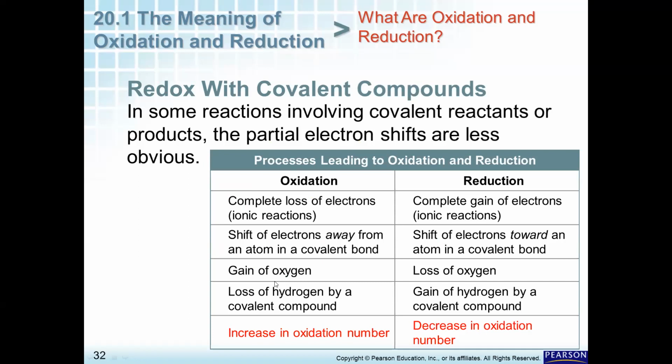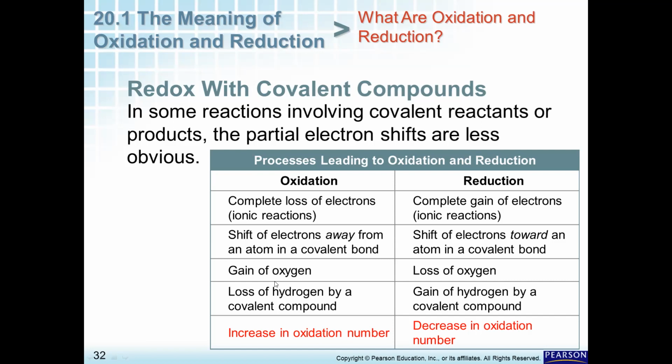If we are forming a covalent bond, then that is just a shift in the electrons. It will not happen whenever we are forming something with non-polar bonds, but whenever we are forming a covalent polar bond, then in that case it is a partial shift of electrons. And oxidation in that case is a shift of electrons away from the atom, and a shift of electrons toward the atom is the reduction.